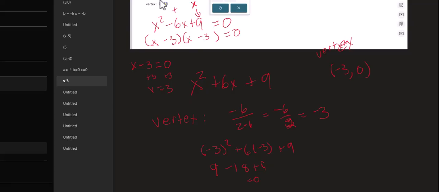And let me think how to help you remember when you're factoring. So if I've got x squared minus 2x minus 35, they multiply to give this one, and they add to give this one.